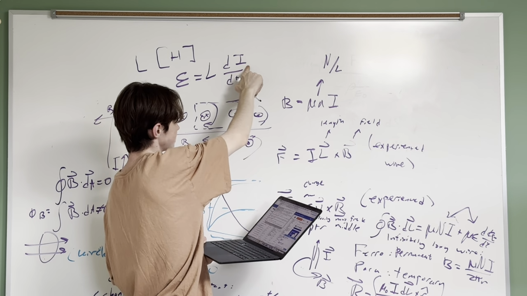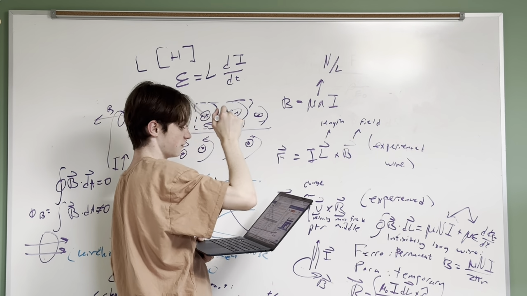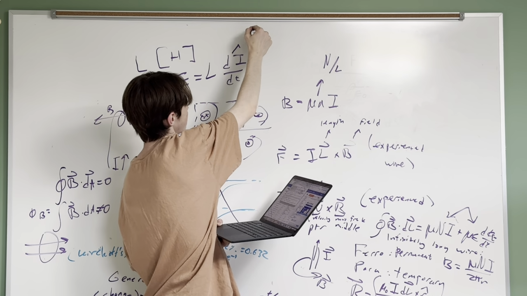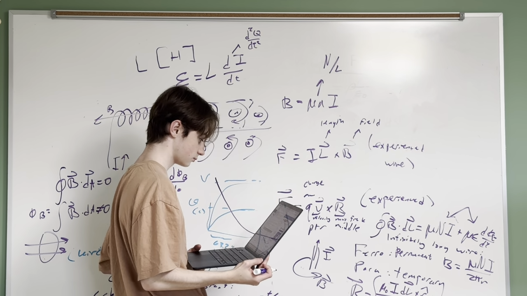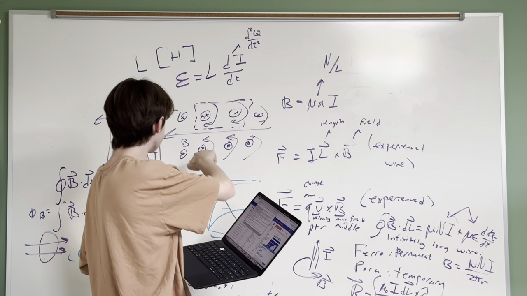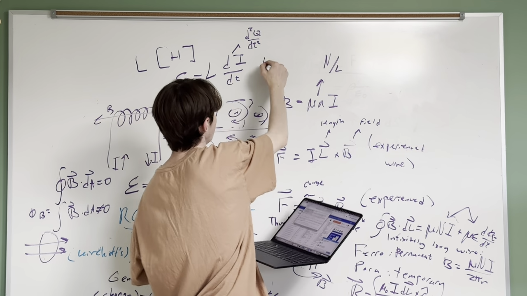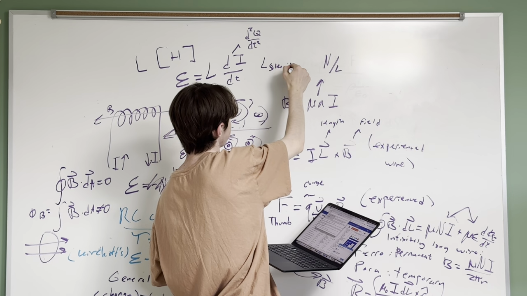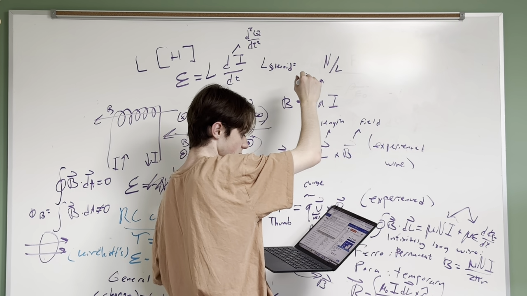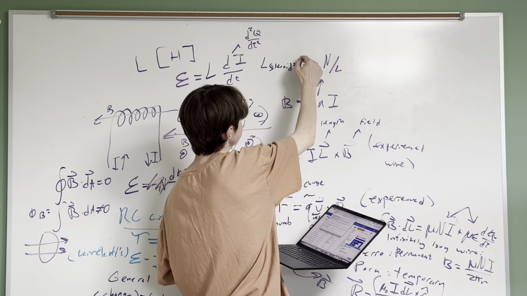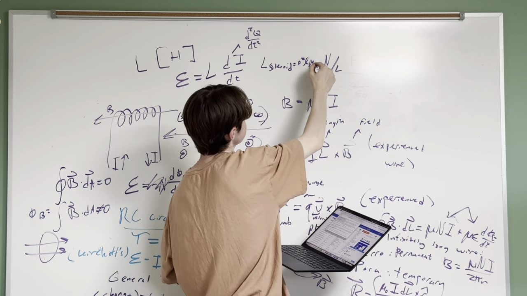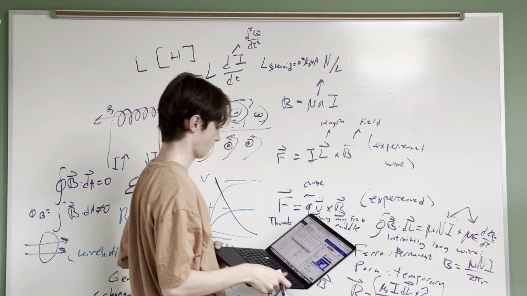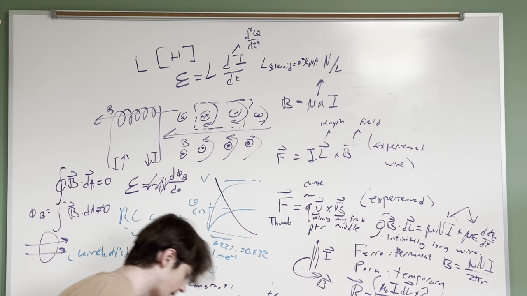The derivative of current this time, not just the derivative of charge, which would be the second derivative of charge. Using the solenoid derivation, L of a solenoid is equal to mu naught N squared times area over length. I'm not sure if that's on the equation sheet.